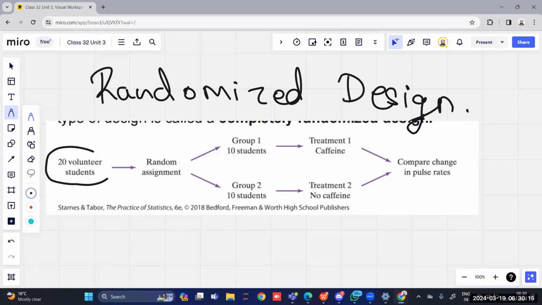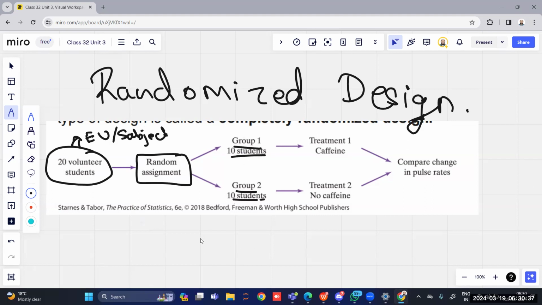We take 20 volunteer students. These are our experimental units, or as they are students, we can say our subjects. Then we do a random assignment. We form two groups: group one, 10 students, and group two, 10 students.